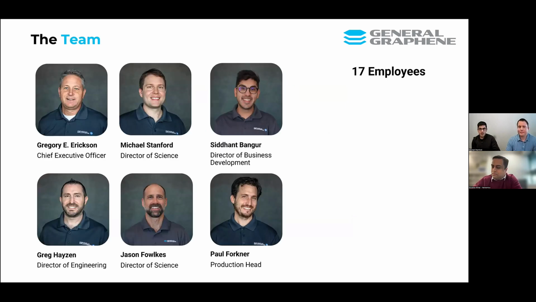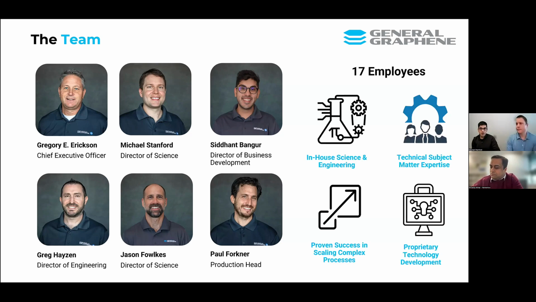Our team, we have 17 employees, with some key personnel listed across the various departments we have, including science, engineering, production, and business development. What is unique about our team is we provide this blend of science and engineering in-house under the same roof to address your graphene specific needs.